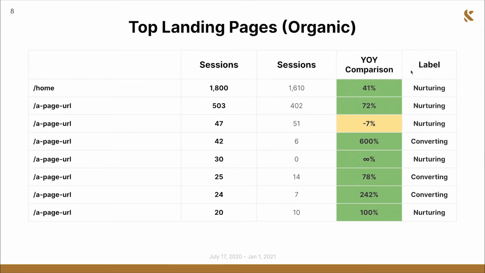Another thing you'll see here is the label. I always like to label pages. What are they actually doing? I think any website that you go to has two different page labels. I like to identify that, and it's one of two things. Either it's trying to nurture a consumer or your audience, meaning inform them, guide them, educate them on something.